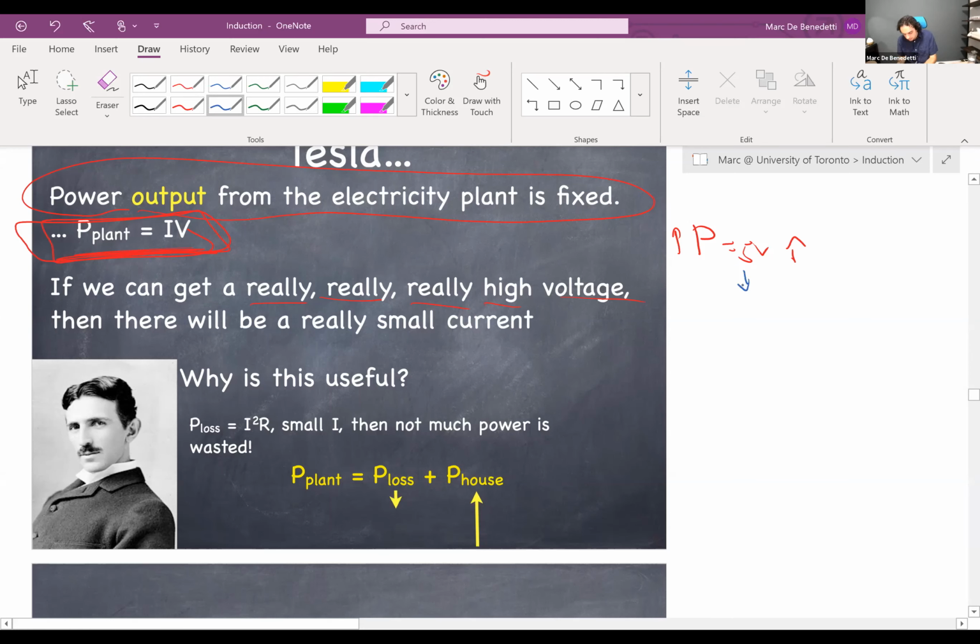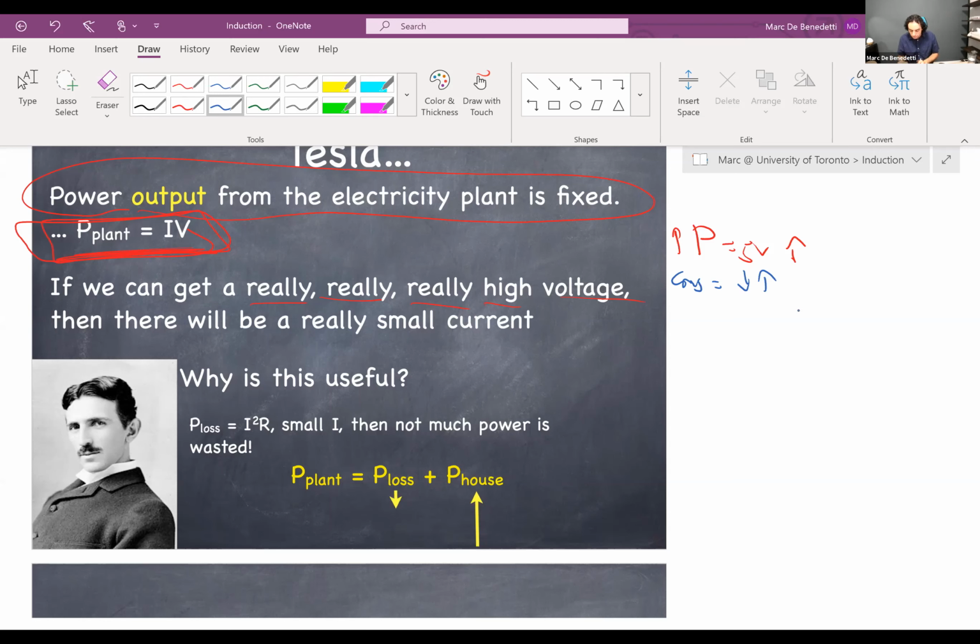So if there is a constant on the left-hand side, then as voltage goes up, current goes down. Kind of like PV equals nRT. If PV is a constant, then as pressure goes up, volume goes down, right? As you increase the pressure of a certain volume of gas, the volume of gas will go down. That's how you compress gas, obviously. So that's kind of what's happening here.